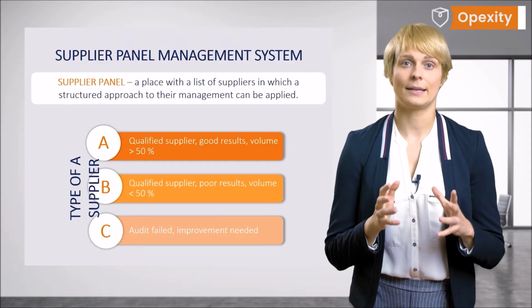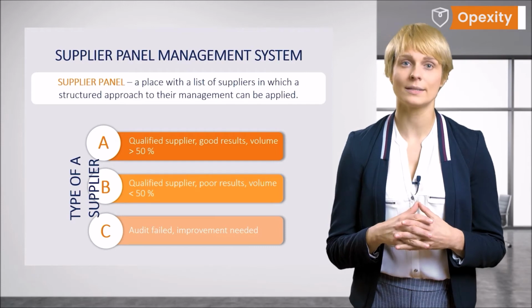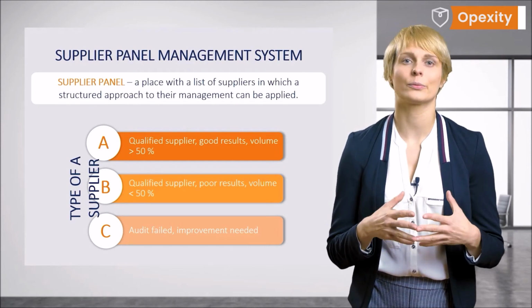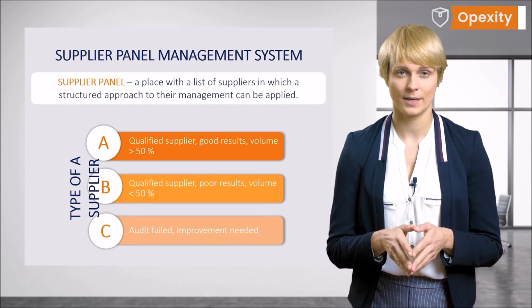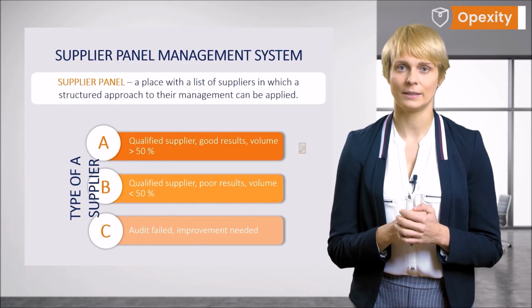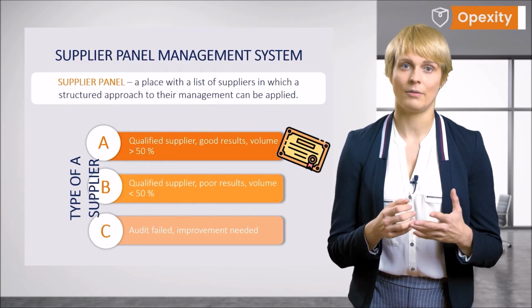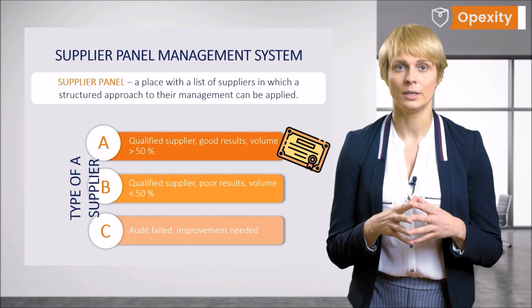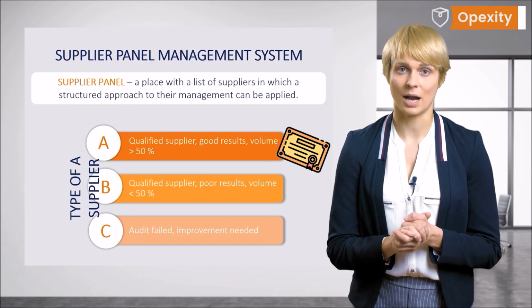Please note that assessments are not made once and for all, rather they are reviewed at least once a year. The best suppliers are specifically certified as proof of the high quality level of proffered services and products.